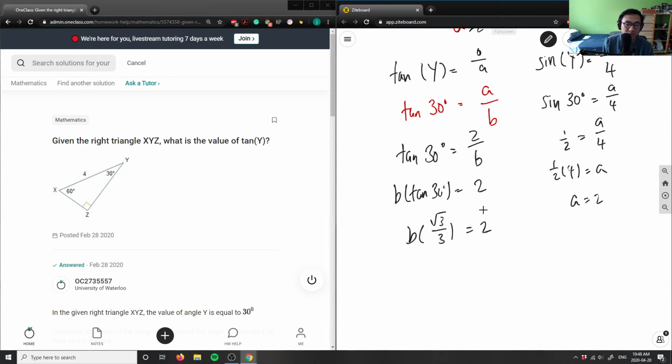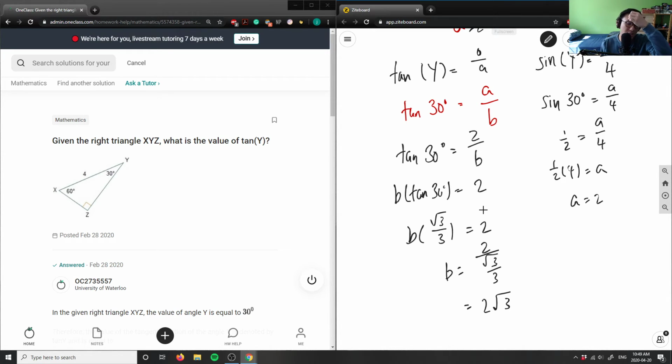And then I can simply divide both sides by root 3 over 3 to solve for B here. And if I did that, I would get 2 divided by root 3 over 3, which is simply, let me plug this in, 2 divided by root 3 over 3 is simply just 2 root 3, right? 2 root 3 would be whatever my B value is.